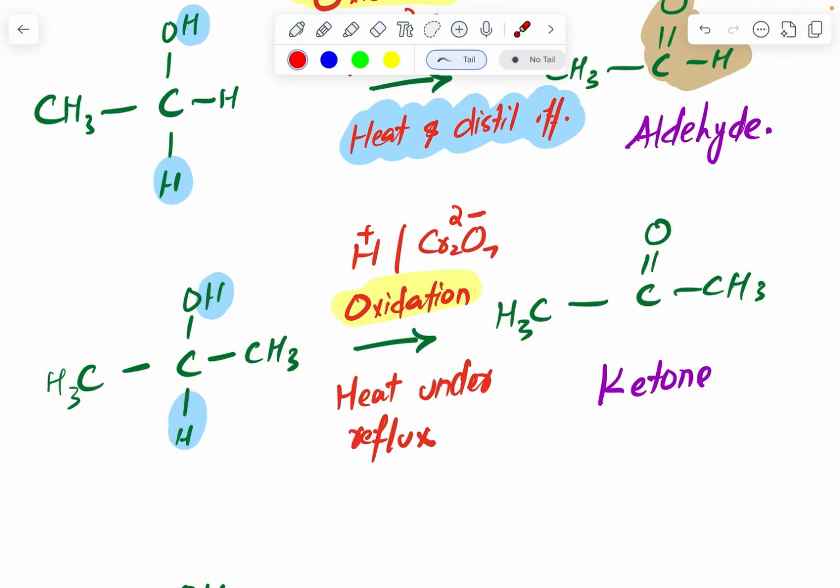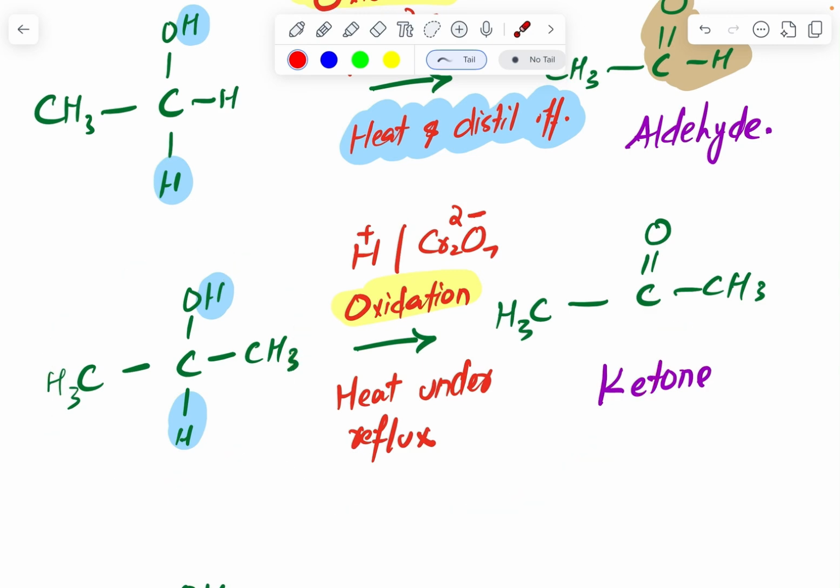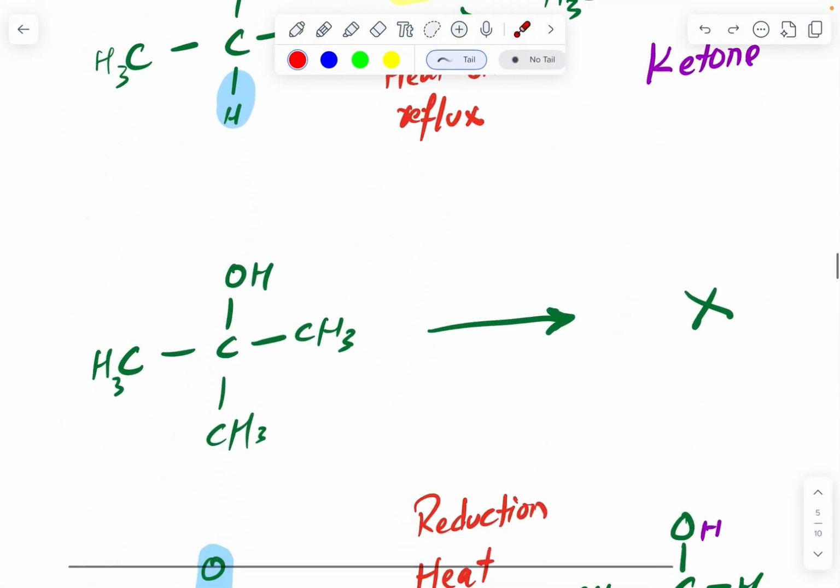That's how we can convert the secondary alcohol into the ketone. Clear? This is the functional group of ketone. Now, we are using acidified potassium dichromate, and the type of reaction is again oxidation. And the condition is heat under reflux.